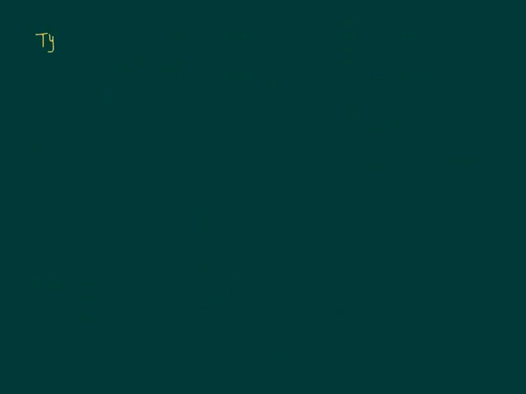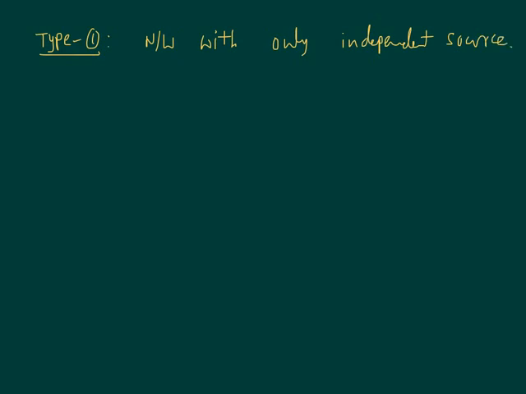Now type 1, network with only independent source. Okay, question number 1: find Thevenin's equivalent network.